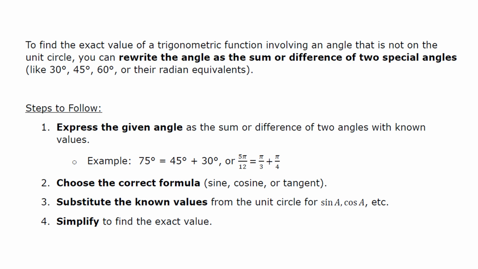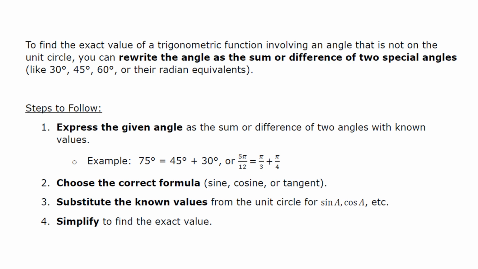Step number 1 tells us to express the given angle as the sum or difference of two angles with known values. For example, if I am told that the angle measure I'm trying to find a measurement of is 75 degrees, well, I can rewrite 75 as the sum of two angle measurements that I can identify easily on the unit circle.